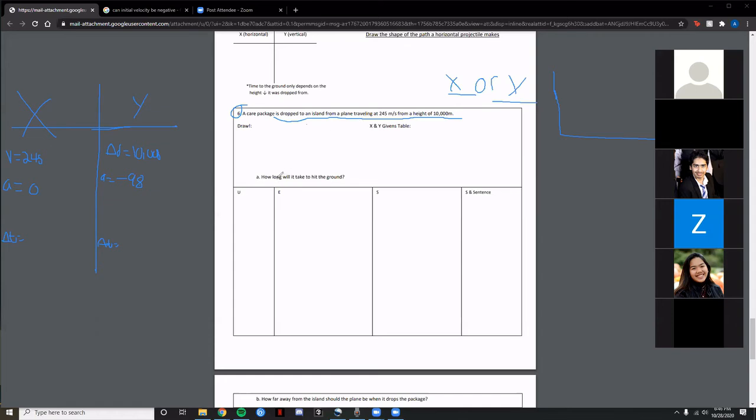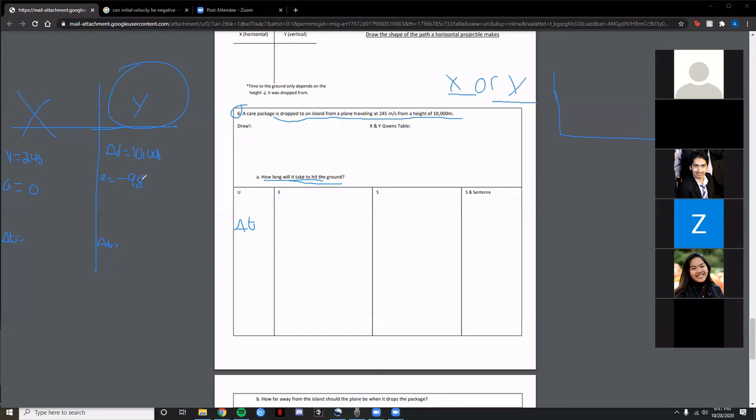How long will it take to hit the ground? So we're saying how long it'll take to hit the ground, so we're going to be focusing on Y for this question. We're looking for time. So our unknown is delta t, and our knowns are the distance and the acceleration.